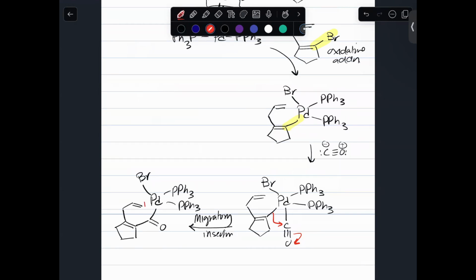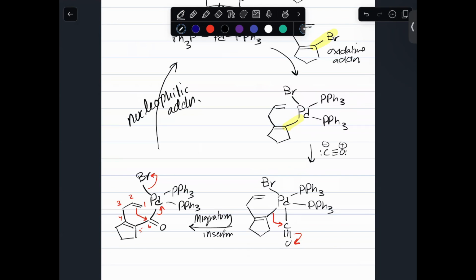Now, I need to figure out which is going to be my nucleophilic carbon, carbon 1 or carbon 2, right? Because I know my double bond is going to attack my palladium and my halogen is going to come off. That's nothing new. I'm going to generate my catalyst, nucleophilic addition.